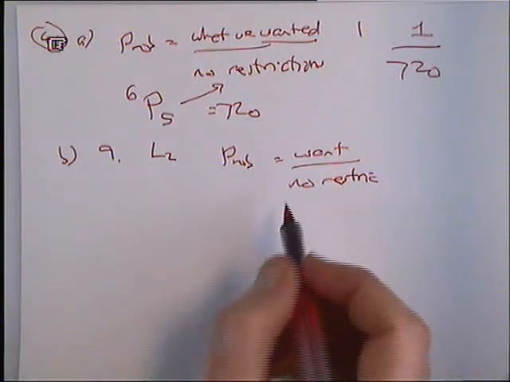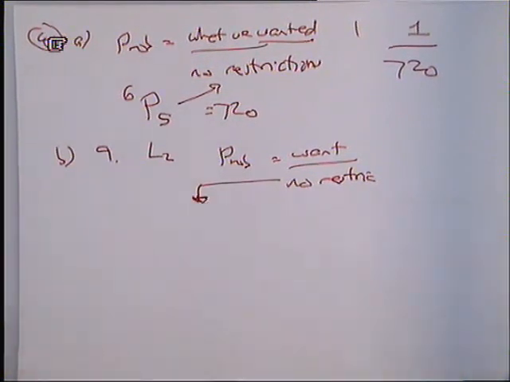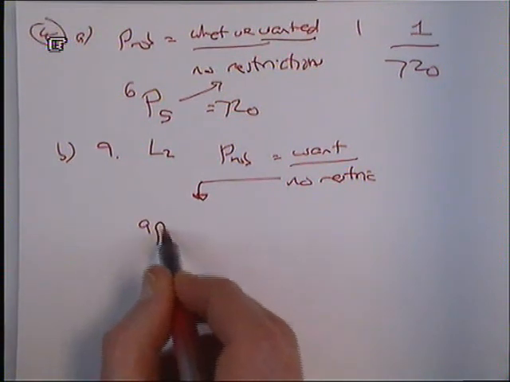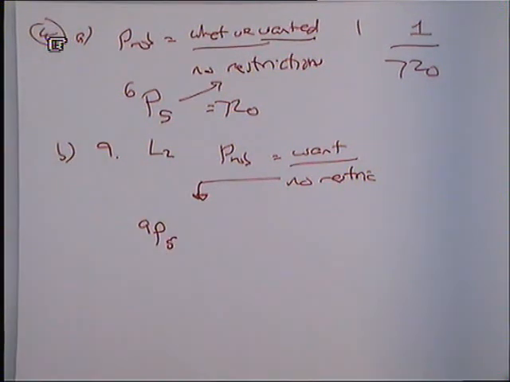The no restrictions bit, first of all, the bottom of the fraction. How many 5-letter arrangements are there now? Last time it was 6P5, now 9P5. There's something we haven't dealt with: the 2 L's.